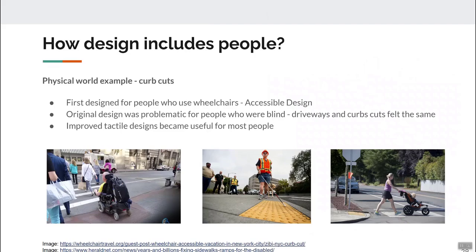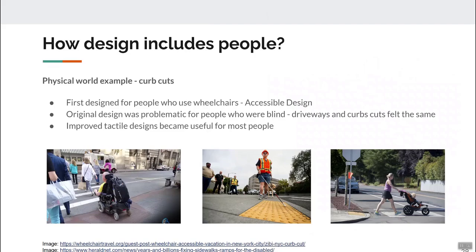They didn't know what it was for. The design went through some iteration, and they added those bumps in the curb cut. And now you can see in this middle picture a person using a white cane who is able to tell that is a curb cut because there are now bumps in the curb cut.